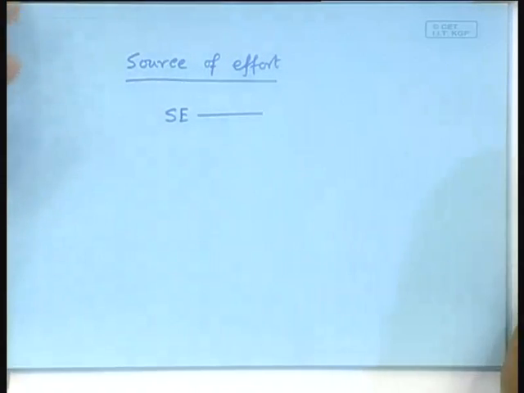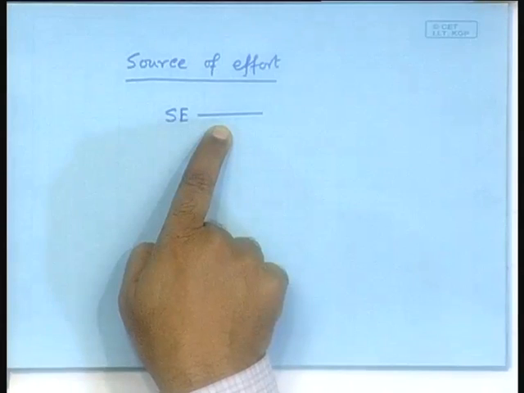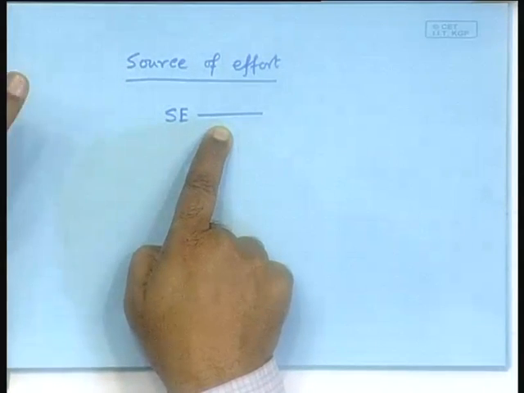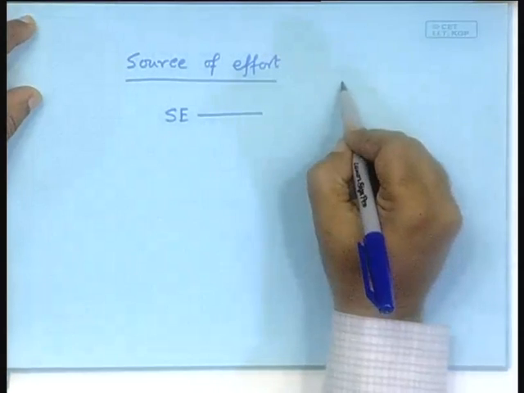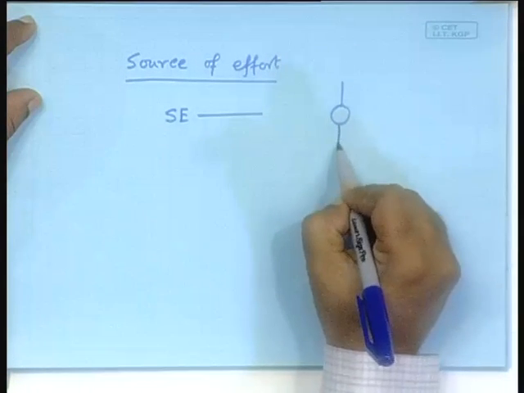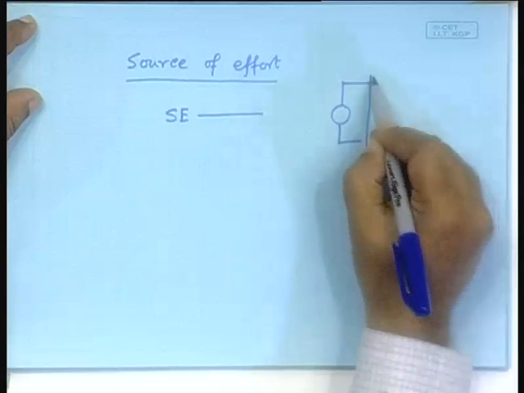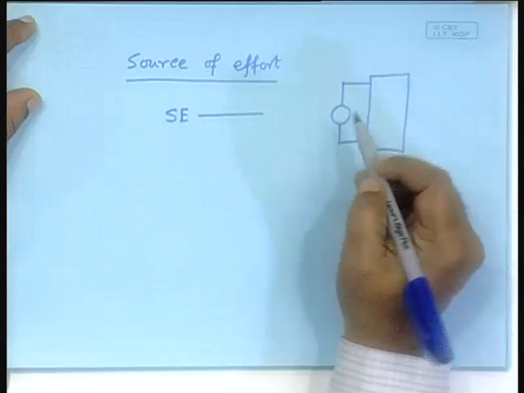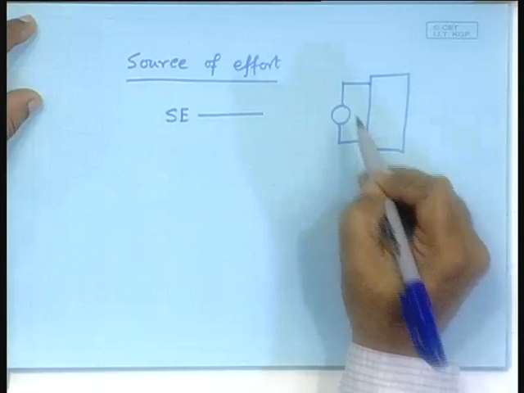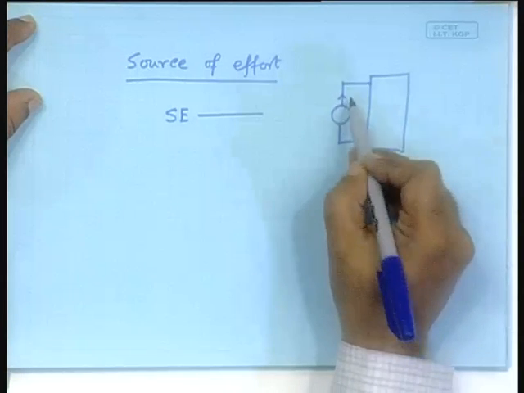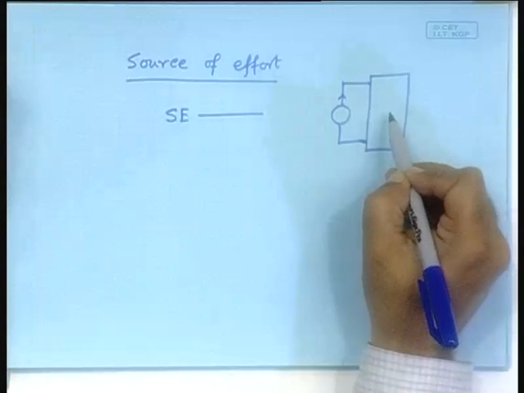To recapitulate, it can independently decide the effort variable on that bond, but it cannot decide the flow variable. Just imagine that a voltage source is connected to some kind of circuit, then it decides what will be the voltage here, but it cannot decide what will be the current here. The current here is decided by the rest of the circuit.